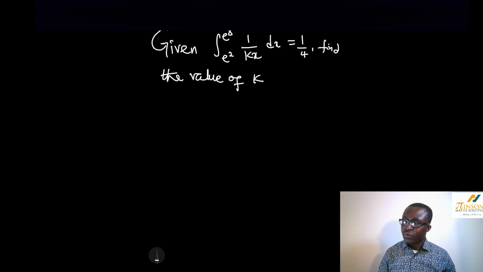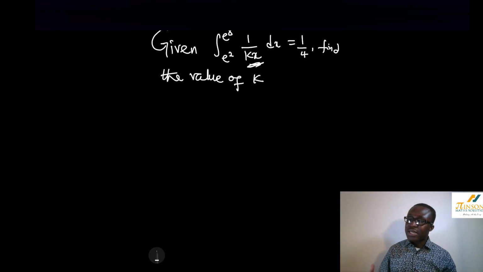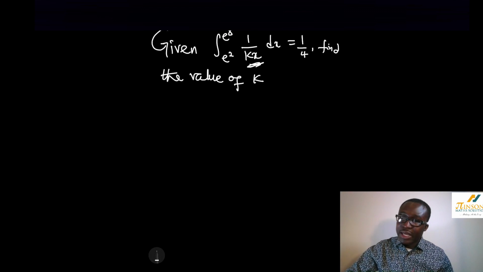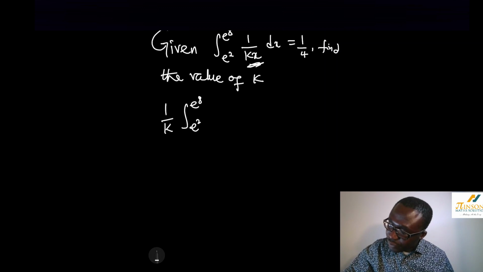Okay, so first of all, we're going to integrate 1 over kx. This is one of our standards. By seeing 1 over k as a scalar, I can literally think of 1 over k outside, and then I'm integrating 1 over x. So I have 1 over k, and I'm integrating from e squared to e to the 8, 1 over x with respect to x, and I want my answer to be 1/4.